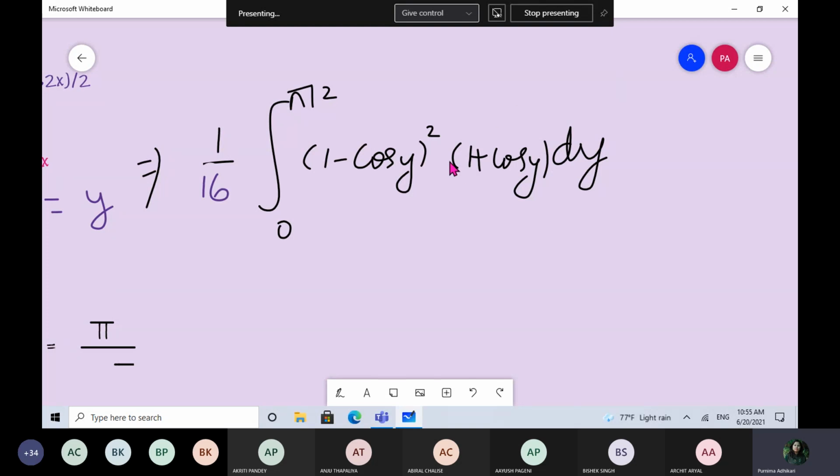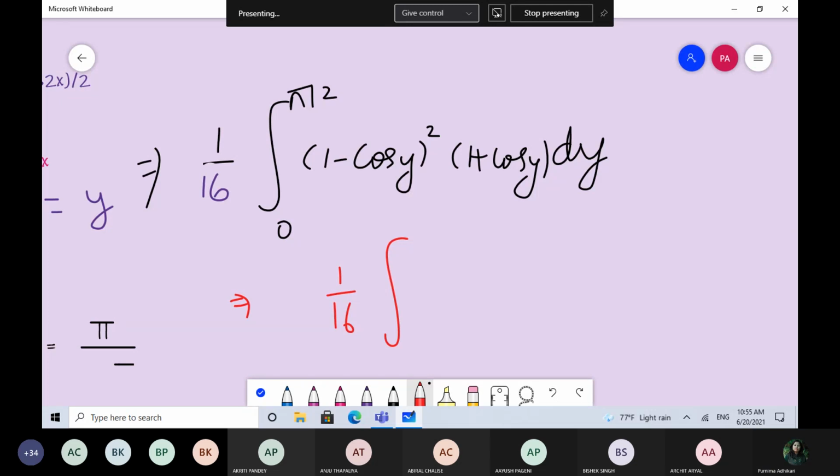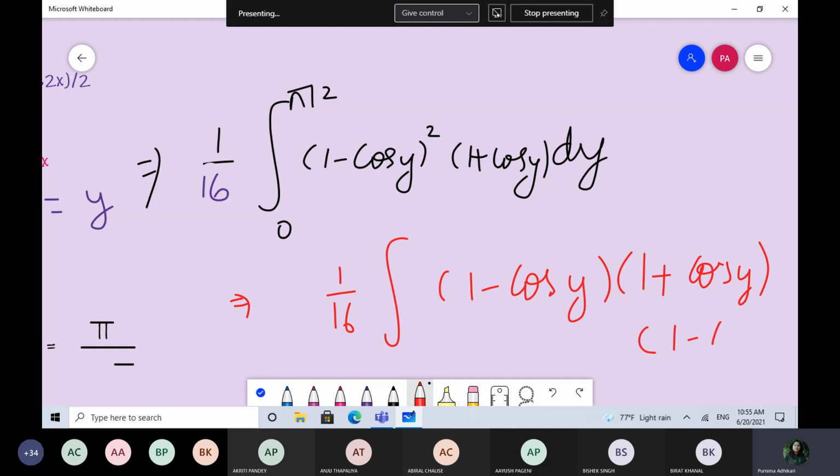Because we haven't done this type of question yet, let's go for it. It is easier to separate using a plus b, a minus b. Take only one of the squares, then apply a plus b, a minus b, and separating becomes easy. Then one goes to sin square y, which makes it easier. Take one like this and the other as 1 minus cos y. Something like this, you are saying so?